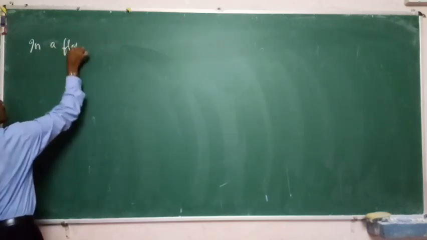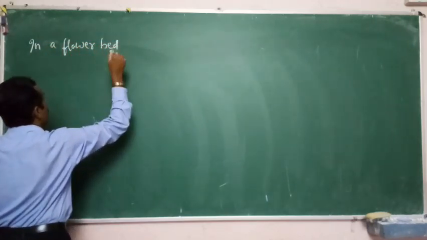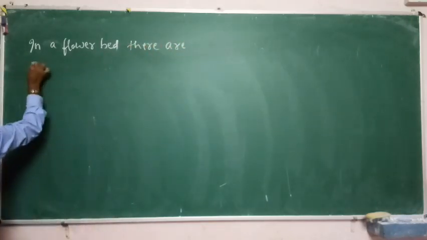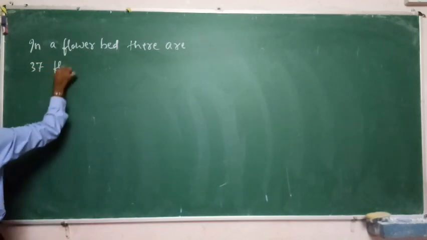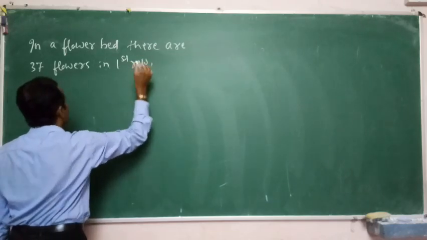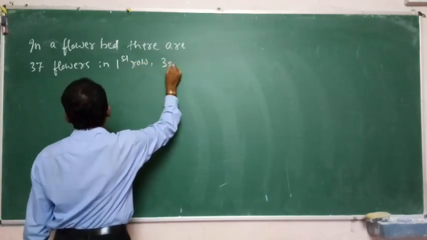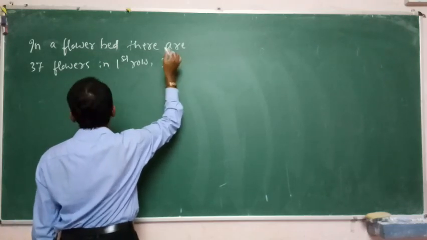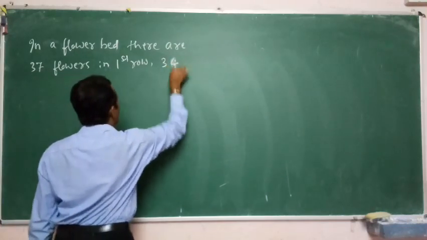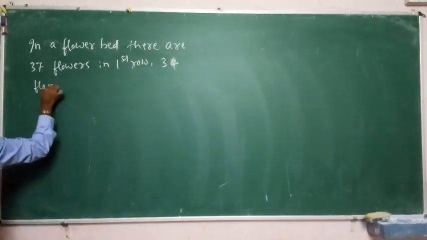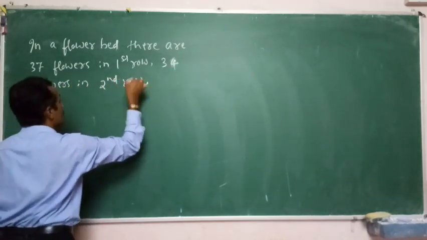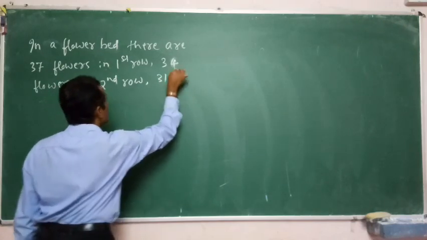In a flower bed, there are 37 flowers in the first row, 34 flowers in the second row, 31 in the third row.